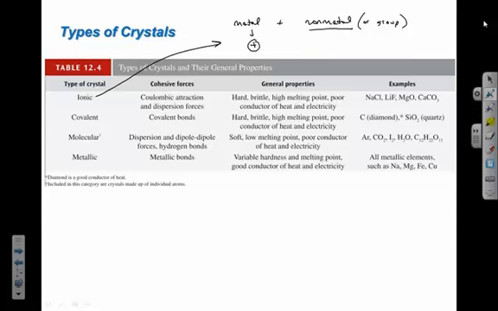And the nonmetal needs to make a noble gas configuration as well. The metal will lose electrons to make a noble gas configuration usually. The nonmetal will gain electrons to make a noble gas configuration, so it might have a -1 or a -2, depending on what the nonmetal is. And the reason they come together is because opposites attract.